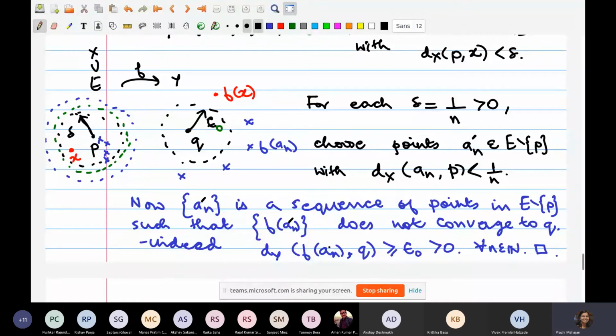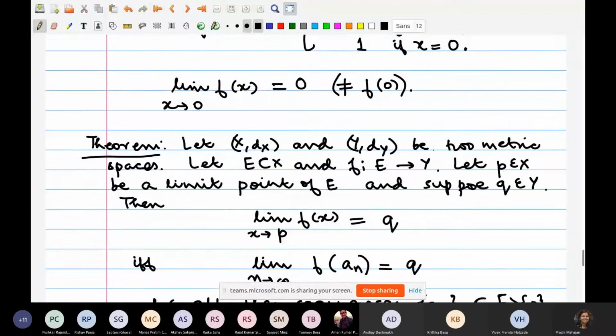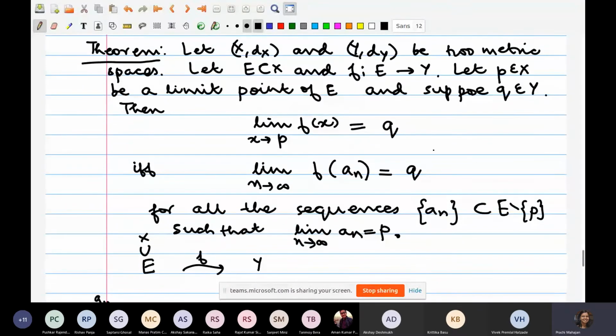So here I have found a sequence of points an prime in E minus P. Each an prime is different from P, an prime converges to P, such that the corresponding sequence f of an prime does not converge to Q. This is much against our assumption.